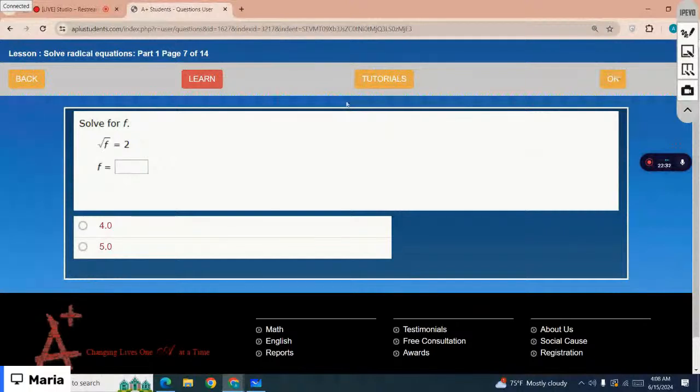Yes, that is f equals 4. The correct option is 4.